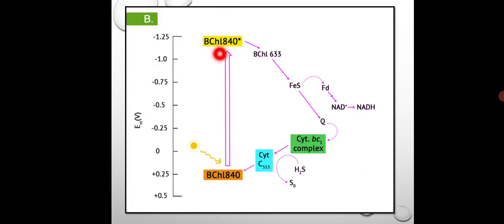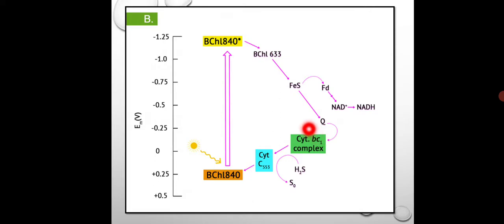From this excited state, the electrons are transferred to the bacteriochlorophyll 633 complex. From the bacteriochlorophyll 633 complex, it reaches the iron sulfur cluster protein molecule. It is the protein molecule. Okay, iron sulfur cluster. From the iron sulfur cluster, it reaches the quinone molecule.